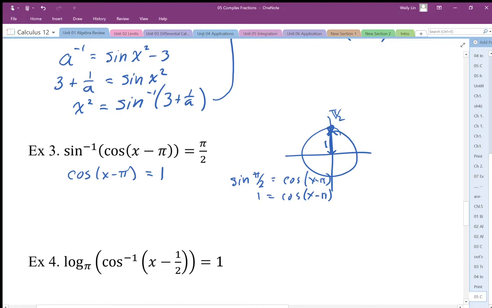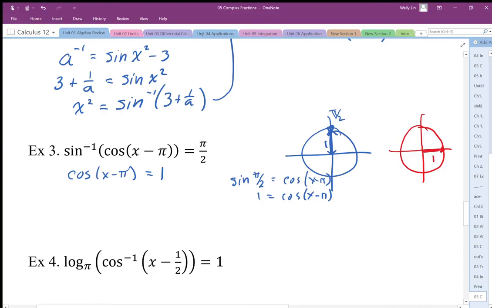So here now I have cosine theta equals 1. I need a different picture for this. I'm going to do this in red. Cosine theta equals 1 means the ratio is equal to 1, so it's this picture here.